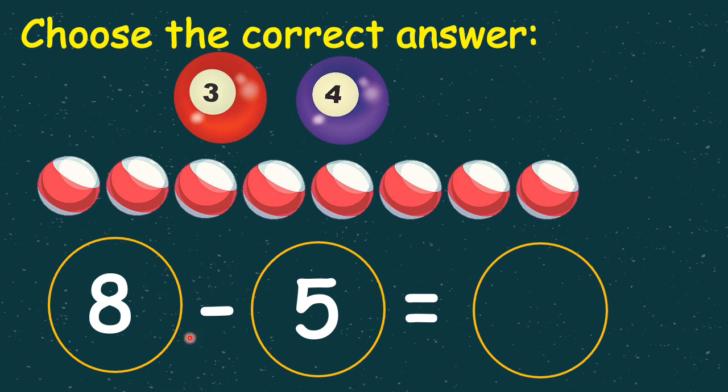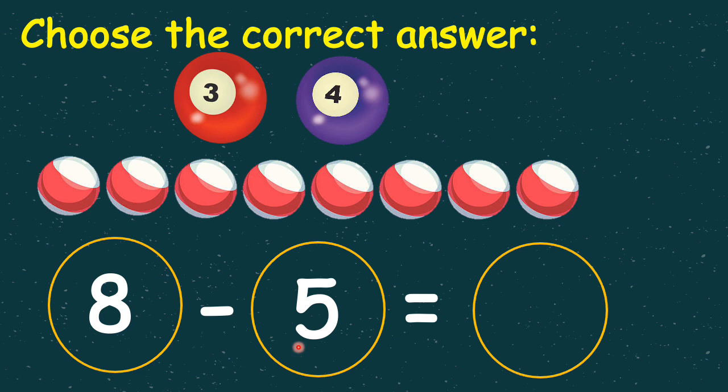So what does the minus symbol mean? The minus symbol means you're taking away or removing some from the balls given here. So how many balls should you remove from there? You need to remove 5 balls. So how do we do that?